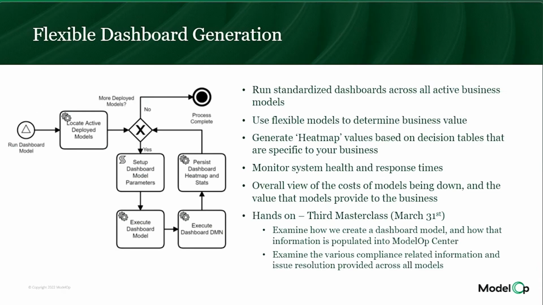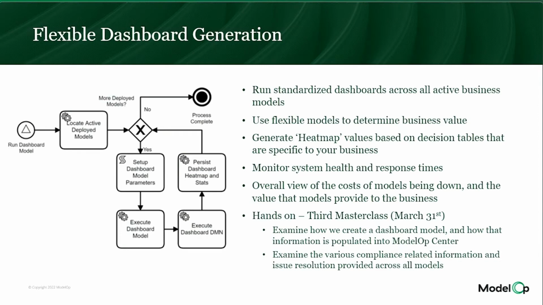So we have this idea of a standardized dashboard. It's a model itself. It's managed within our system and can be modified by you to take those in there. And that gives us a lot of flexibility because, as I mentioned, the business value is a tough one. You can't out of the box do that. Like what does a missed prediction really mean to the business?